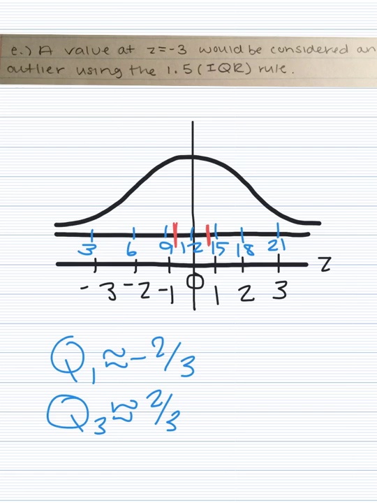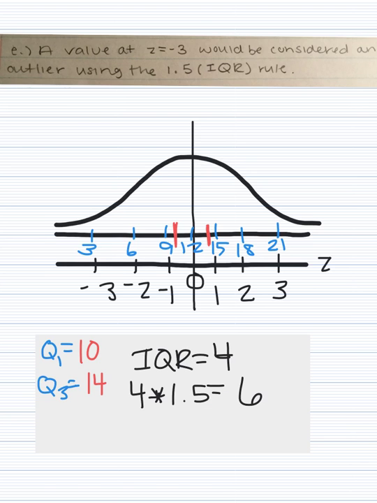So if this was the case, Q1 would be 10 and Q3 would be 14. So 14 minus 10 equals 4, so the IQR is equal to 4. When we multiply 4 by 1.5, we get 6.